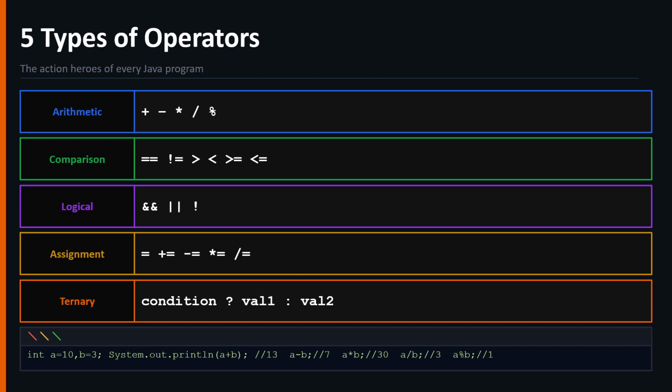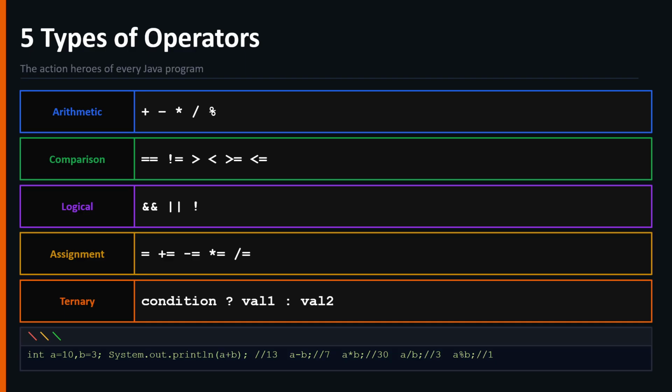Alright, before going deep, let me give you the big picture. Java has 5 major types of operators, and each one has a specific job. First one is arithmetic operators. These do your math: plus, minus, multiply, divide, and modulus. The second one is comparison operators. These compare two values: equal to, not equal to, greater than, less than, and so on.